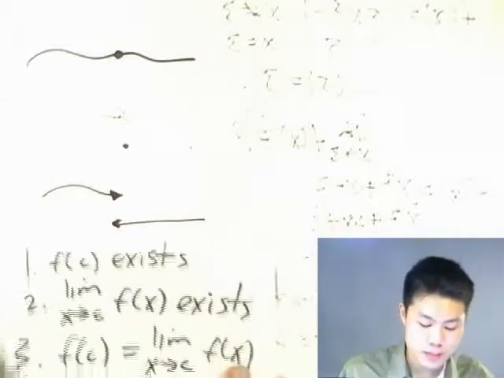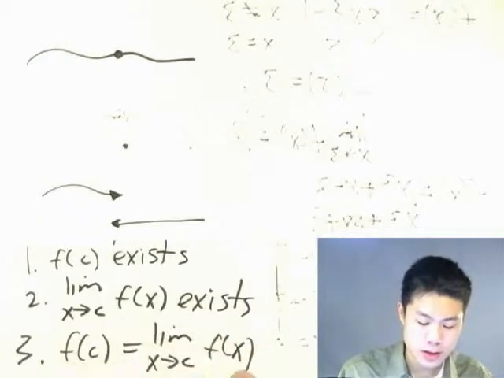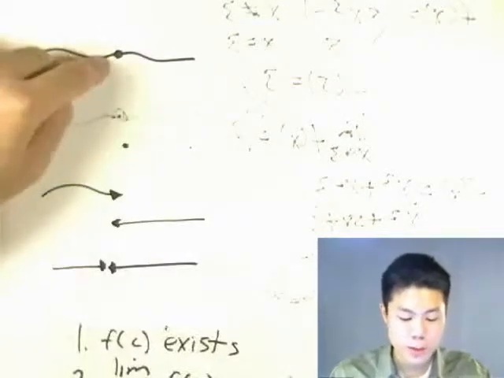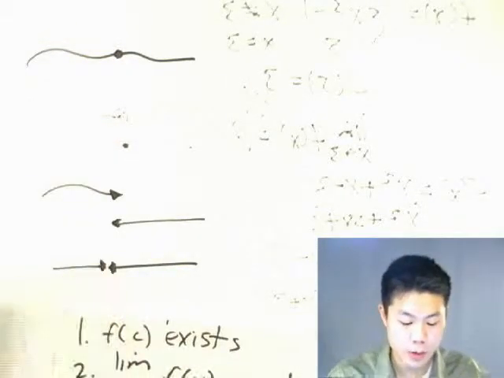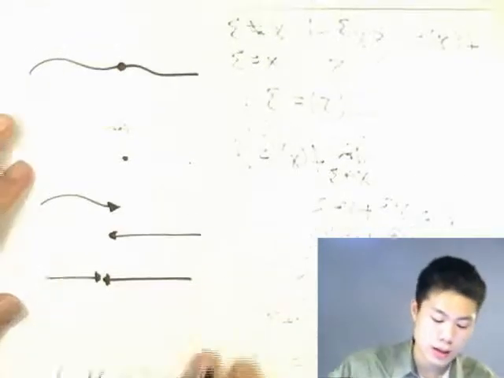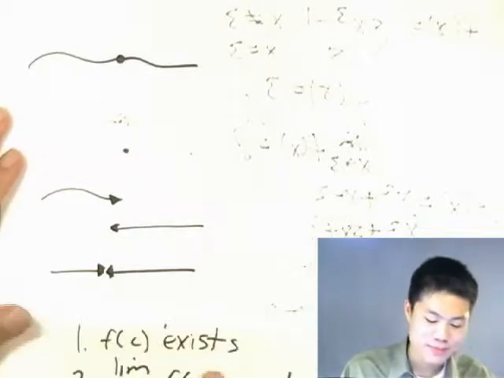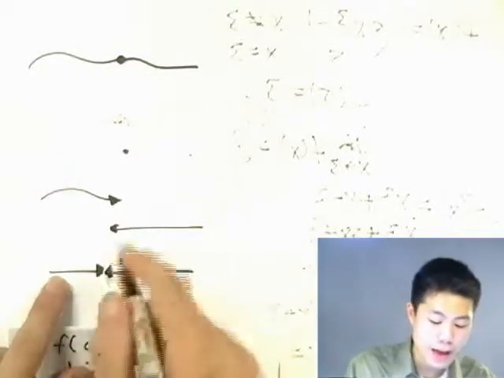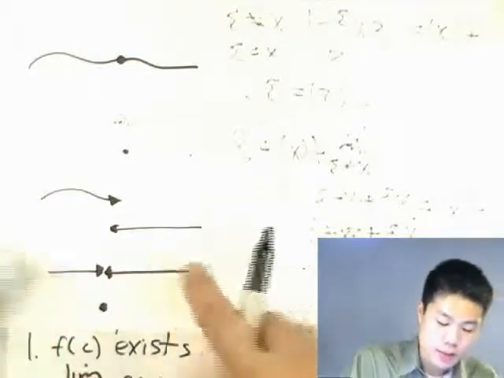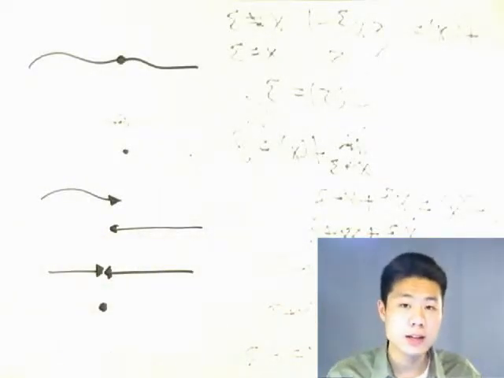Instead, if the limit does exist, that means that the function is going to be meeting each other around the point. And this last condition states that the point that does exist has to equal whatever the limit comes to. So it could be that the function is defined here, but the limit comes to here. And if that's the case, then the function is not continuous, right?